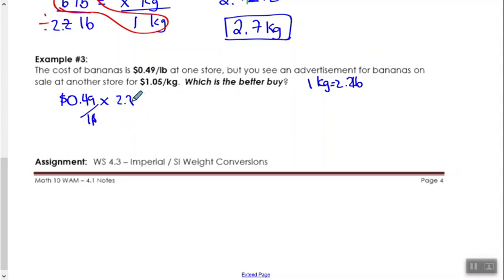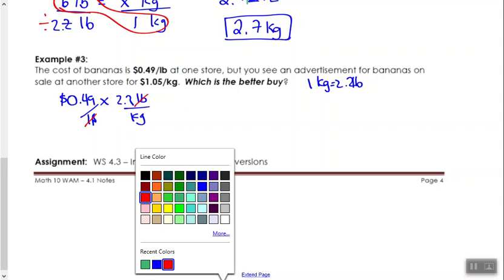And we'll see if we actually write our units that it works out. So if I'm multiplying by 2.2, there are 2.2 pounds per every kilogram. And if I take a look at my units, I see that pounds cancels out, and I get 0.49 times 2.2 per kilogram. And I'm looking for per kilogram is what I want.